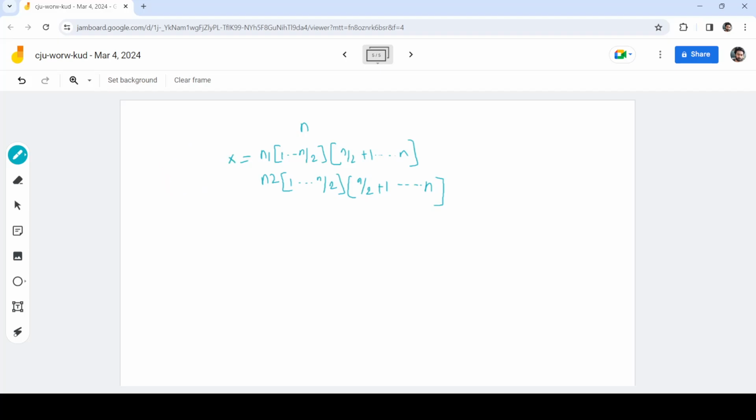So let this be x and y. And using x and y, we derived an equation, which is basically the Karatsuba equation. The Karatsuba equation had 4 terms, which can be written as n1, n2, n1, n2. So n1, n2 are basically numbers.